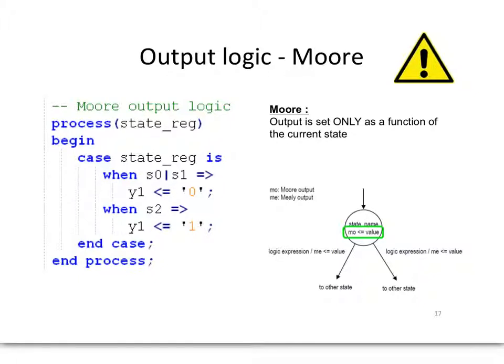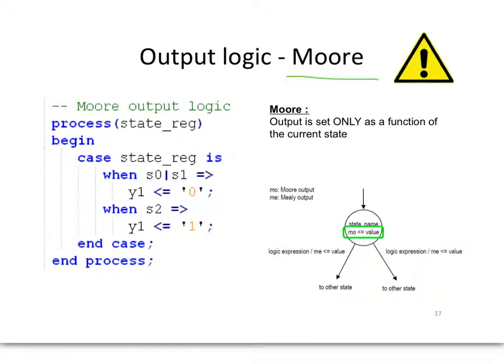So coming up are 2 different examples of output logic, where the first one would be Moore output logic. Moore output logic, as you probably recall, depends only on the current state of the system, so it is directly a function of the current state in the system.